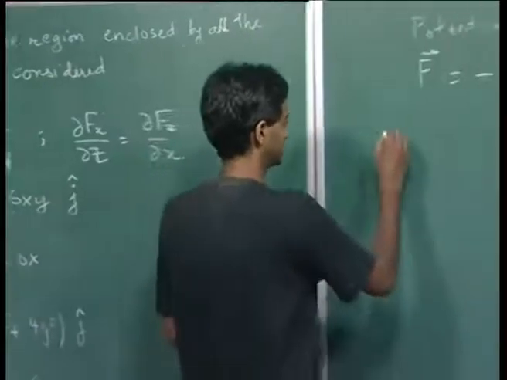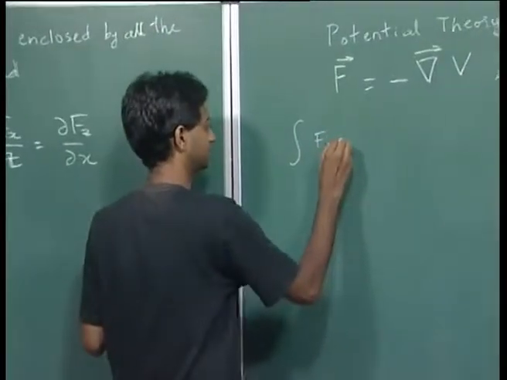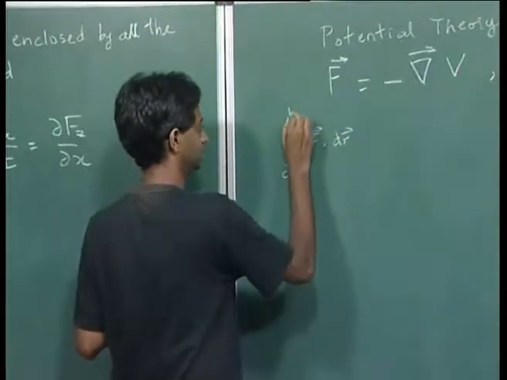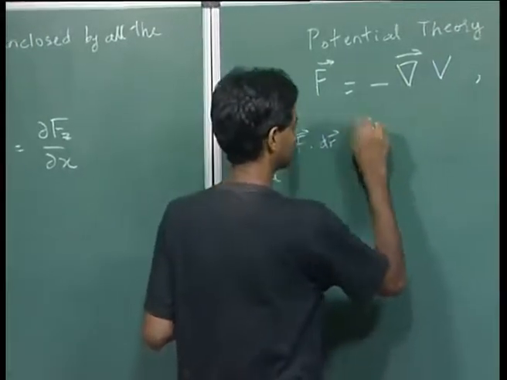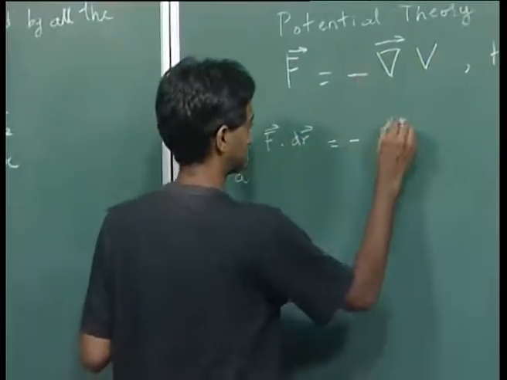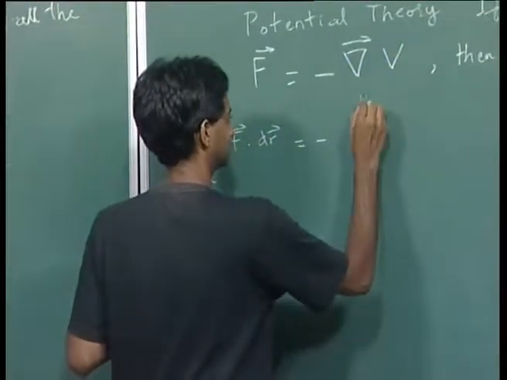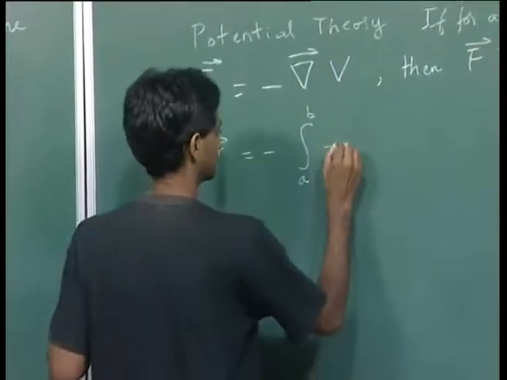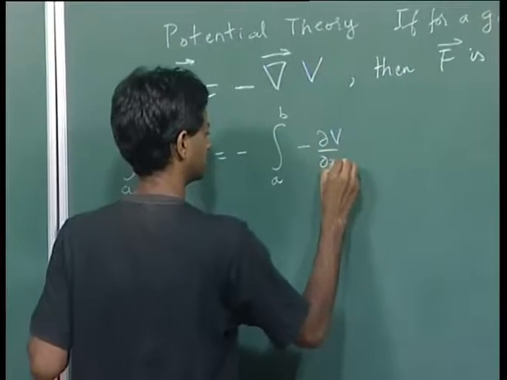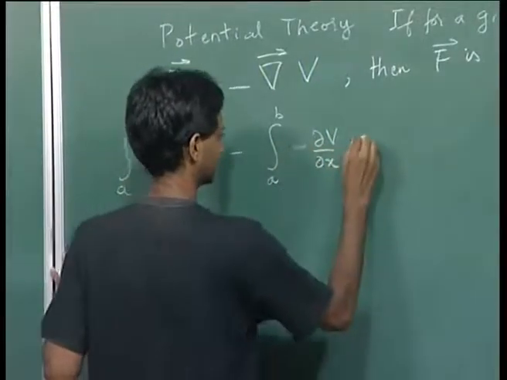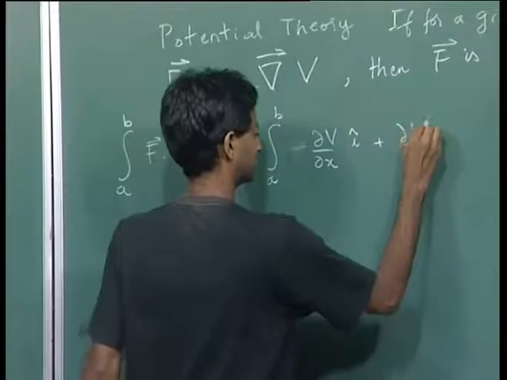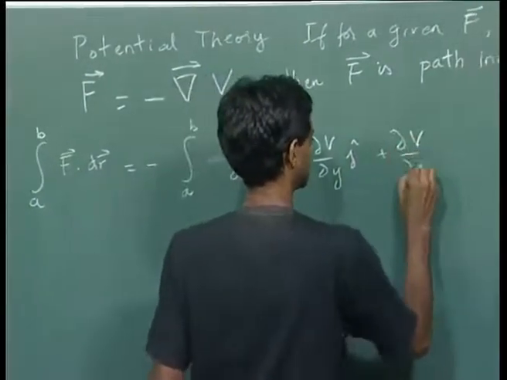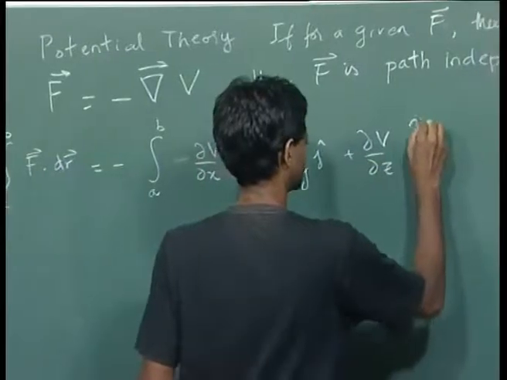Now we can say that we look at the integral F dot dr from a to b. This is equal to, now if F can be expressed as minus grad of V, then this is minus integral a to b. Now F is minus grad V, so minus (dou V by dou x i plus dou V by dou y j plus dou V by dou z k).